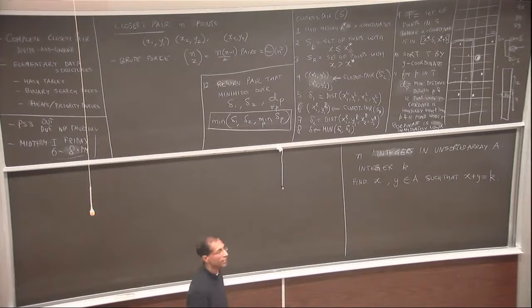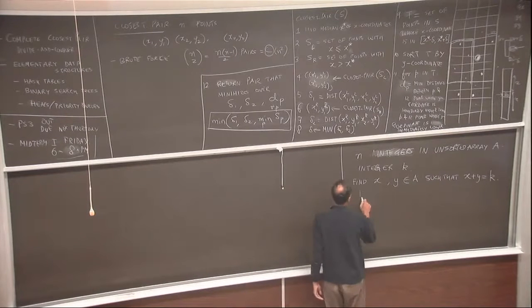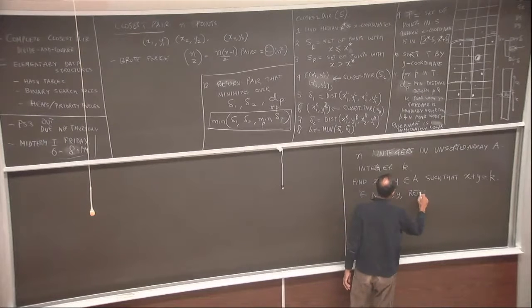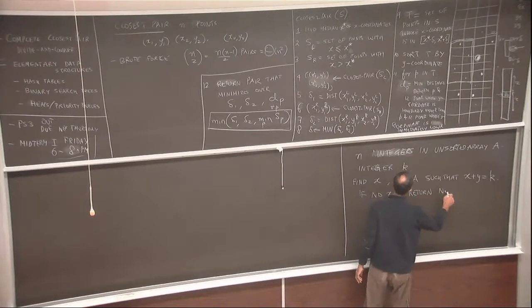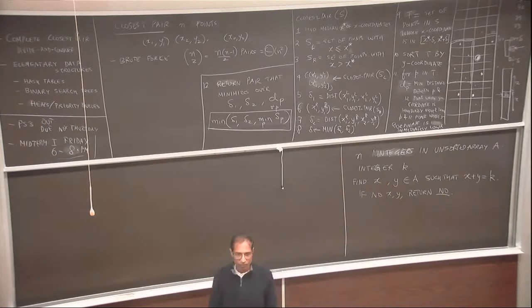If there is no such x and y, you should say no. I'll give you 5 minutes or a few minutes to think about how you go about solving it. As always, make sure that the algorithm works correctly, and do as well as you can possibly do in its running time as a function of n.